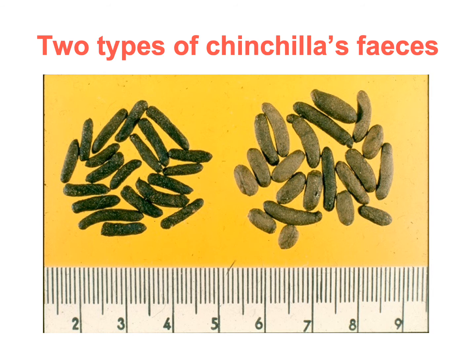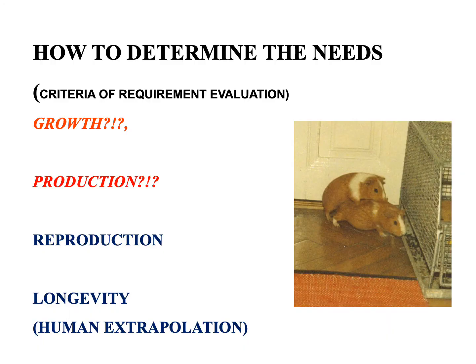Left is the cecum content, which is black and high in protein, and right you will see the yellow, normal feces, low in protein and high in fiber.